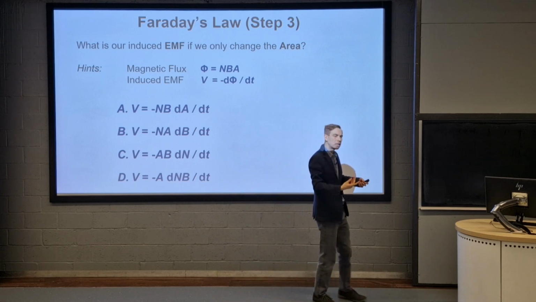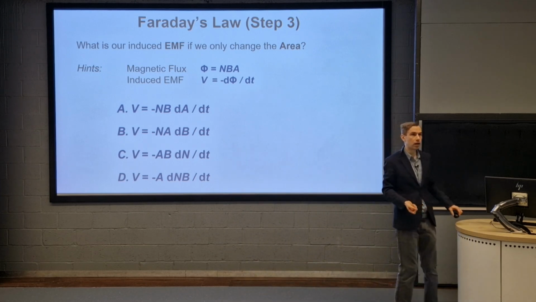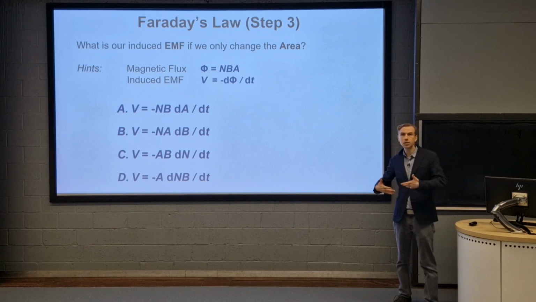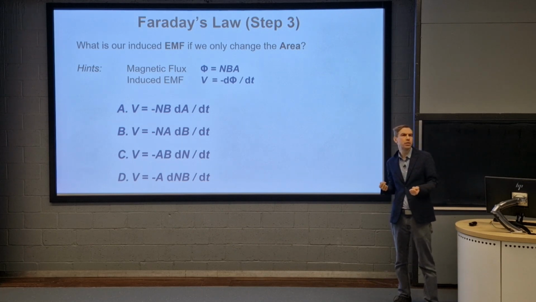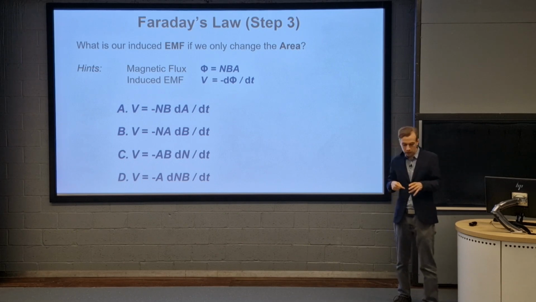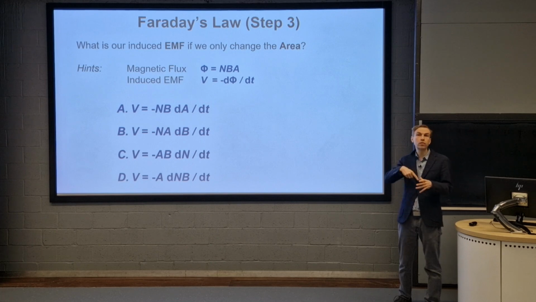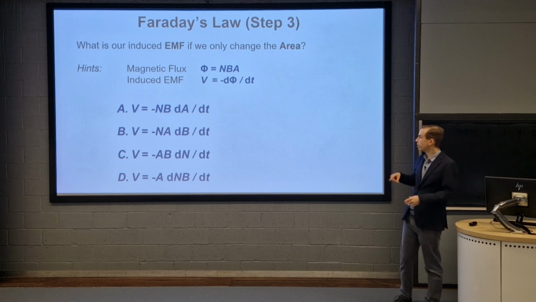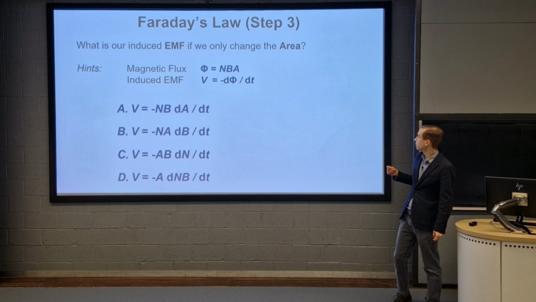So if we're making an electrical generator, we want to put the whole thing in a nice big strong magnetic field. We want to have a nice big area, make it as big as we can. Sometimes those things are difficult, but the easiest thing to do is just to wrap lots of coils of wire around our generators to make that N nice and big.